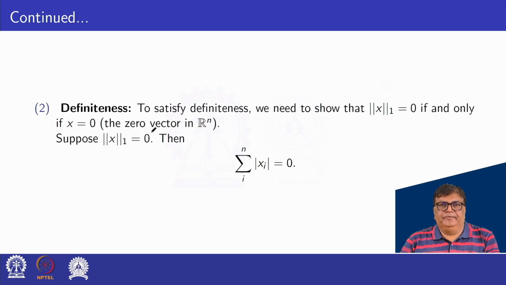Second property, if norm x1 is equal to 0, where norm x1 is defined by summation i equal to 1 to n mod xi, the sum of n terms of non-negative numbers. If the norm is 0 and the summation of mod terms is 0, it means each xi is 0.